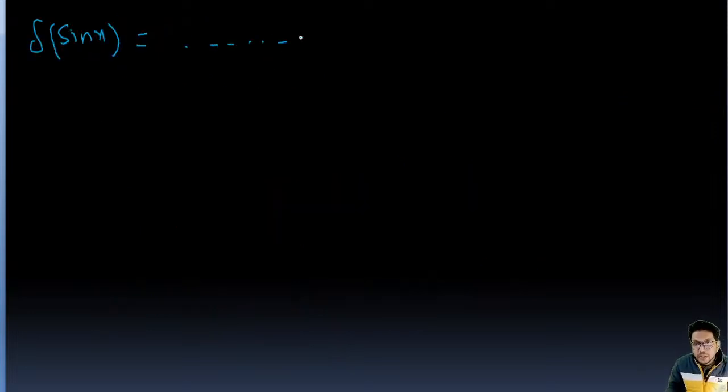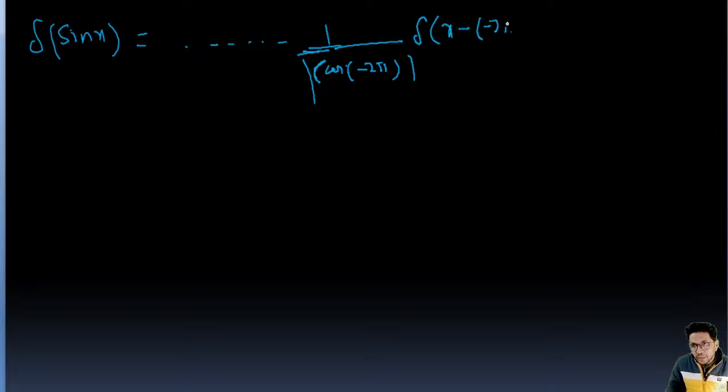This is going to be 1 upon mod cos of n pi with n equal to minus 2, so minus 2 pi, delta x minus minus 2 pi. So this is x minus n pi, with n equal to minus 2.